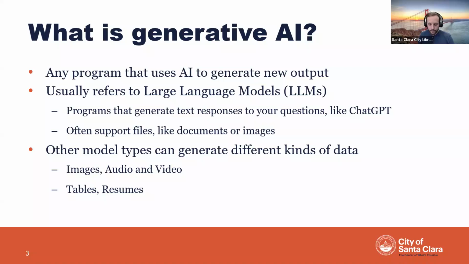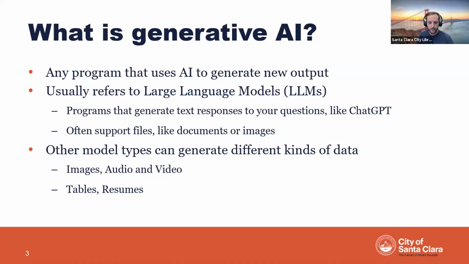And you can even tailor your AI to work on very specific tasks like analyzing data that you might find in a spreadsheet. You can also use it to make a resume for yourself. We had a great example of that in the AI tools for job seekers class that we did just a little while ago here at the library. And I will put a link for that in the chat later on in the class.